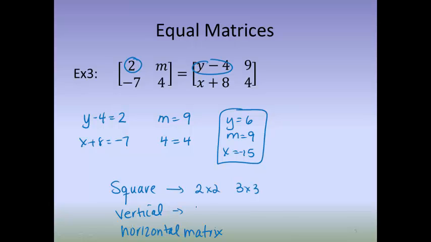A vertical matrix is made up of 1 column and as many rows as needed, but it has a single column. And a horizontal matrix may have as many columns as we need, but it has 1 row. So these are just very specific names, and you'll see them throughout the text. All right, that's it. Great job.